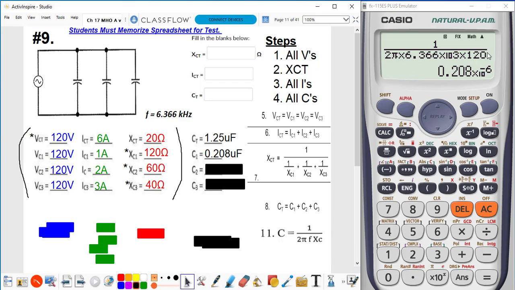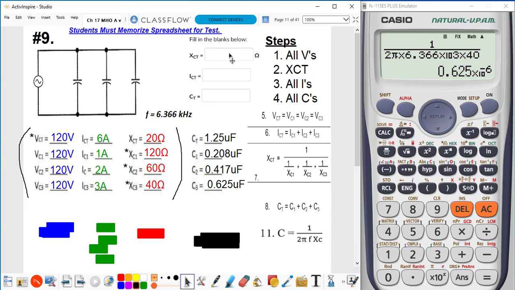So we're going to change the 120 to 60. Engineering. Alright, shift engineering, 0.417 microfarads, and finally we change the 60 to a 40. Engineering, shift engineering, and this gives us 0.625 microfarads.